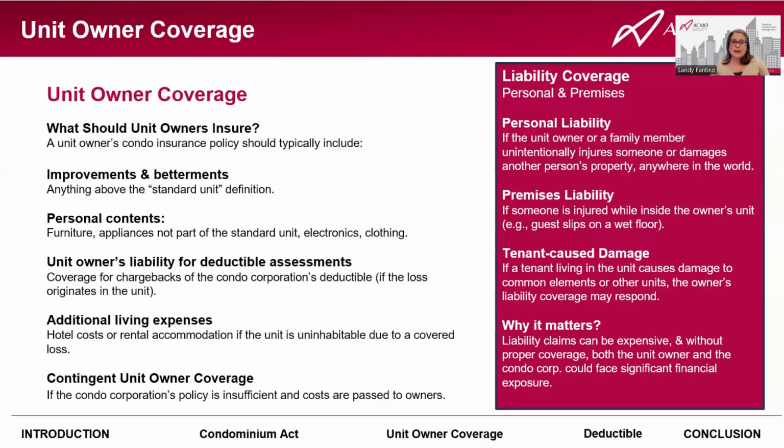So ensuring that that limit is adequate for a larger long-term claim is important. So always have those discussions, and do not assume that additional living expense is part of the unit owner's coverage.